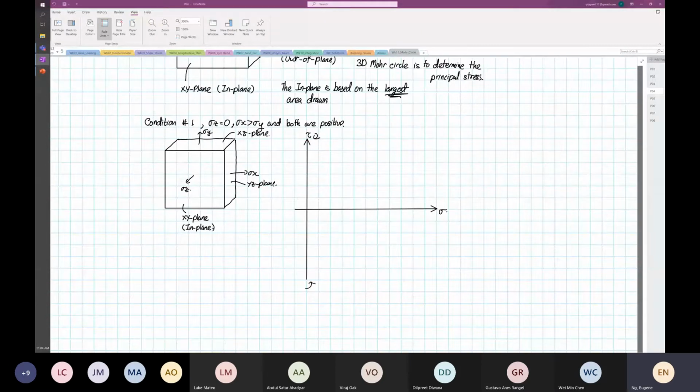So we know that stress X is greater than stress Y. Okay, so this line over here, your normal stress, and they're all positive. So this is our stress X line. And then we have our stress Y line.